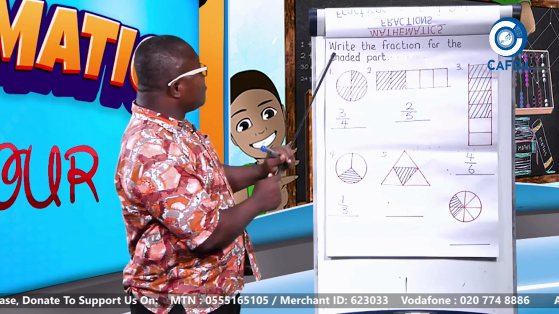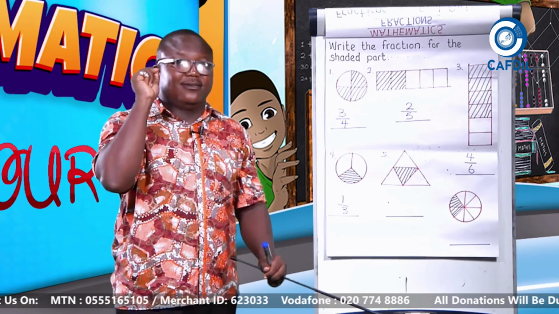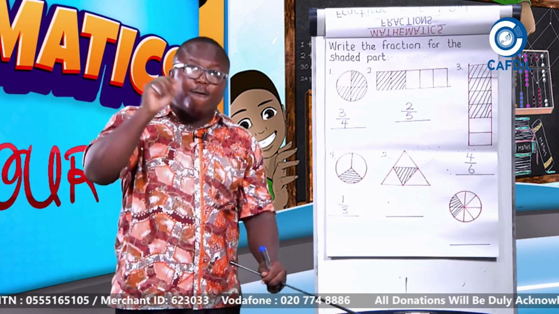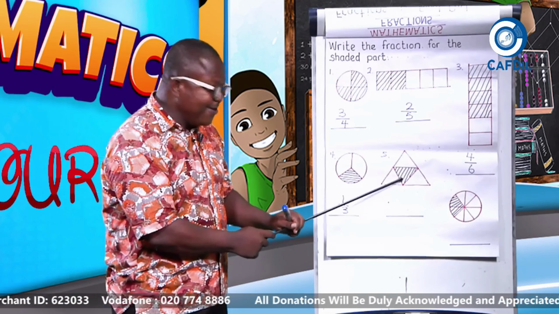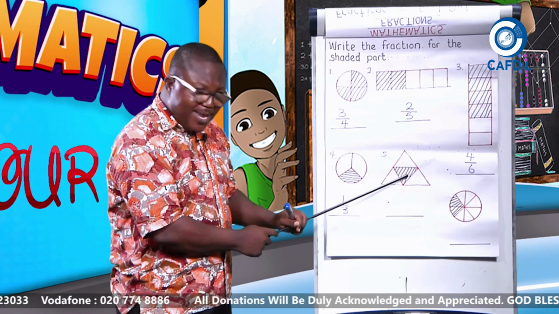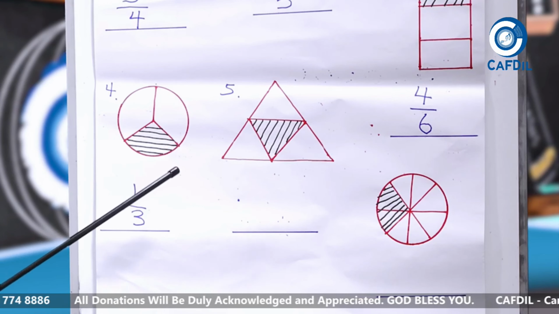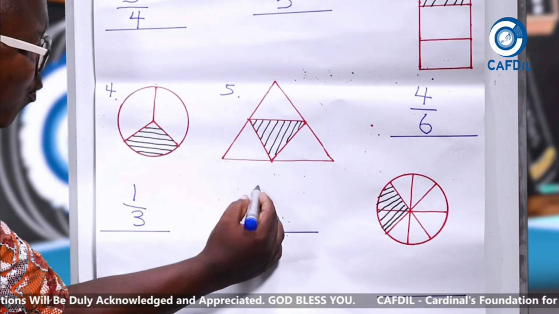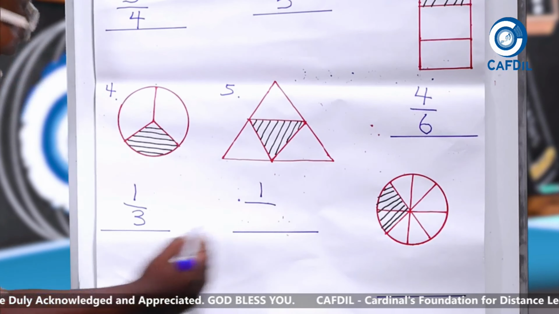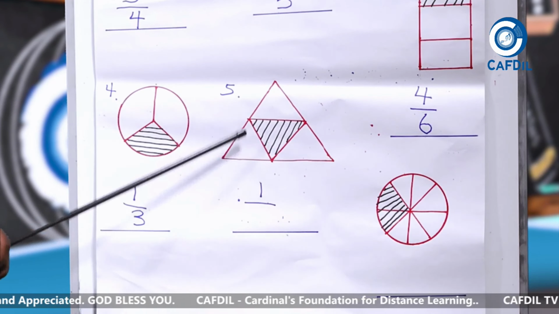And the question is saying, write the fraction for the shaded parts. So the shaded parts, how many? Only 1 part has been shaded. So here it's going to be what? 1 out of the total. We counted 1, 2, 3, 4.